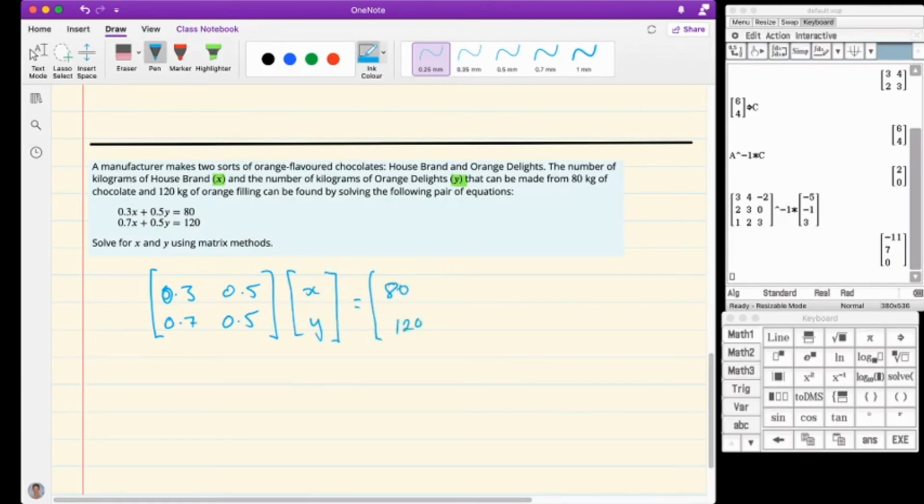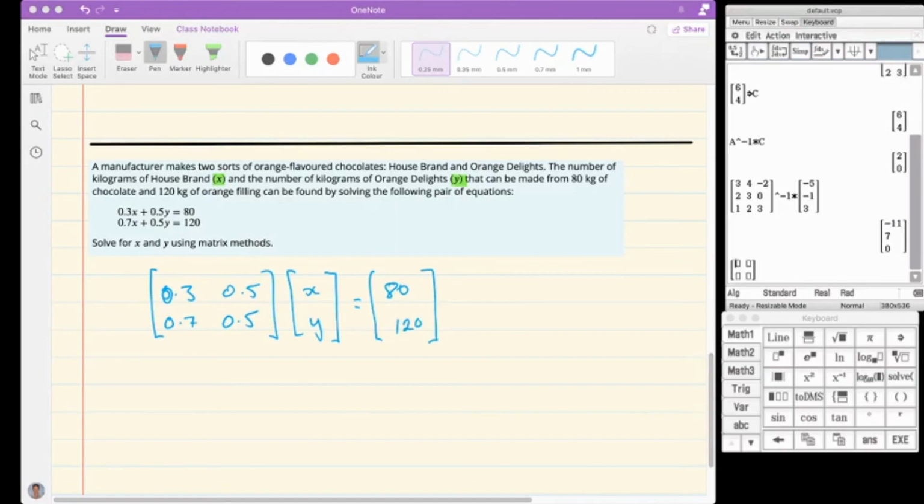Okay, so let's run that through our CAS, and we want a 2 by 2 there, so we're going to go 0.3, 0.5, 0.7, 0.5, that's all to the power of -1, multiplied by our column matrix of C, which is 80 and 120.